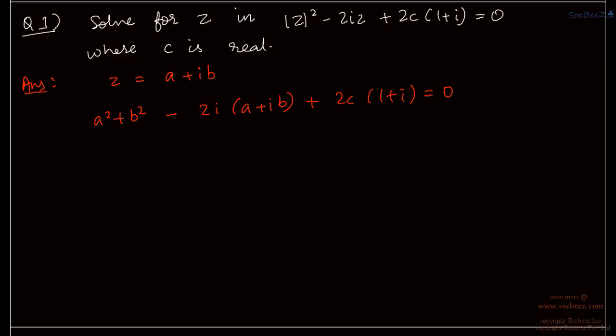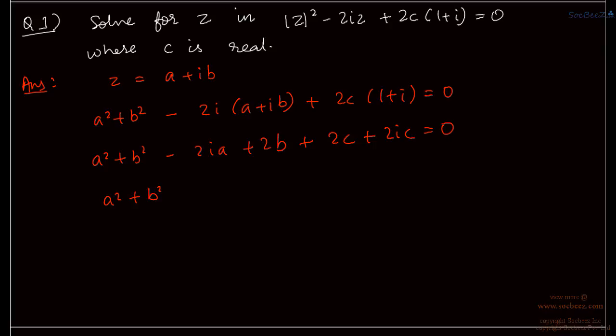Now let us first expand the bracket and then segregate the real and imaginary parts. i into i is i square, which is minus 1, this becomes 2b, then 2c plus 2ic, right? The real part should be separately 0 and so should be the imaginary part, right?